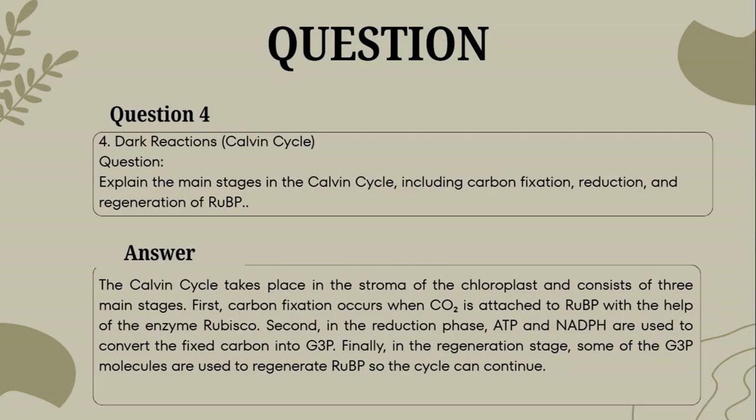Second, in the reduction phase, ATP and NADPH are used to convert the fixed carbon into G3P. And the last, finally, in the regeneration stage, some of the G3P molecules are used to regenerate RuBP so the cycle can continue.